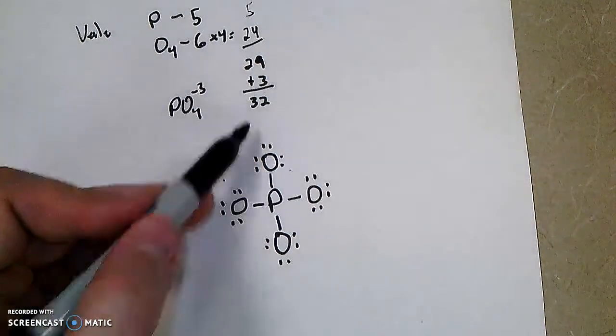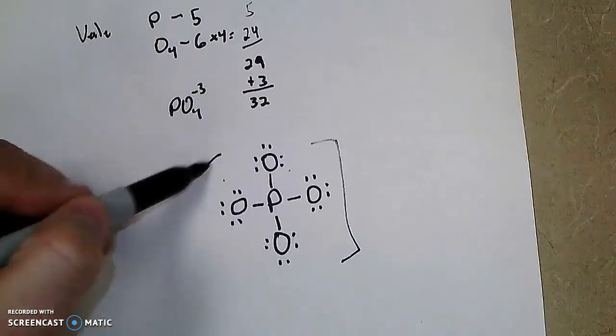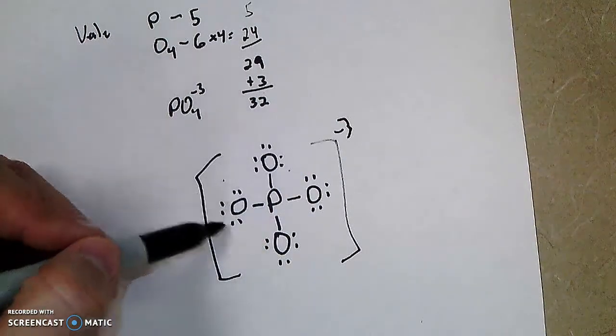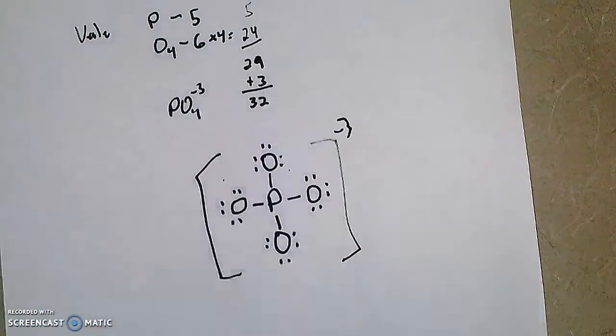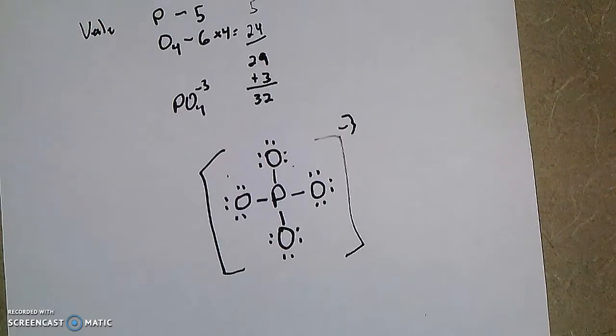So there's all 32 electrons. I don't see any need to double bond anybody here. So we have to put brackets around it and a -3. Everybody has a share in 8 valence electrons, so we are perfectly good just like that. That one's kind of intimidating, but it's actually a pretty simple structure once you get to it.